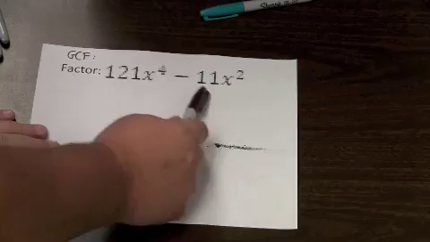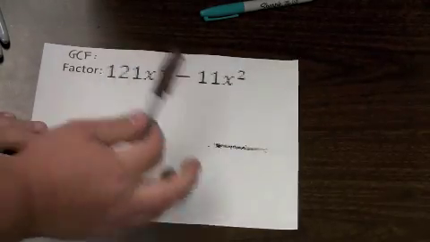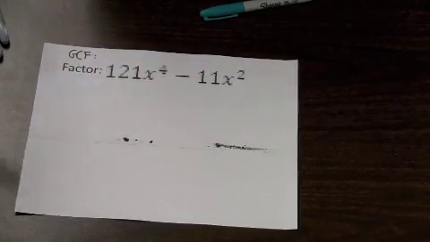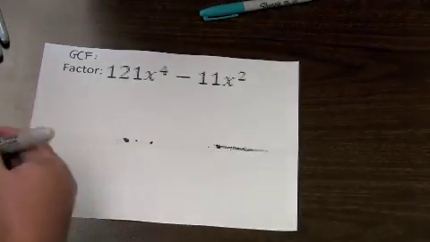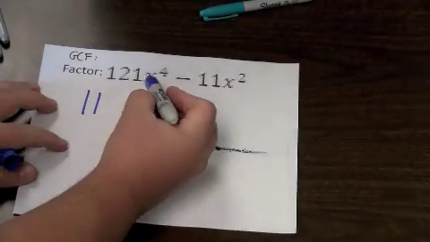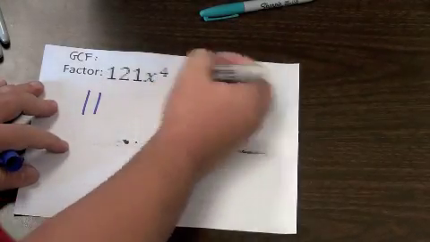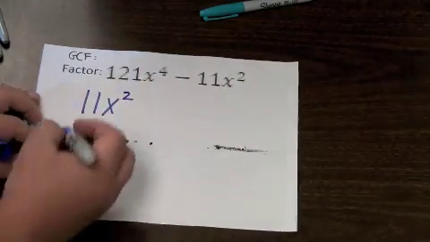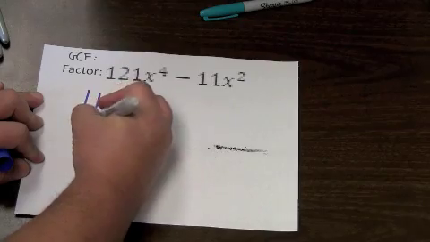If we look at both of these terms, they have two somethings in common. The GCF for 121 and 11 is going to be 11. The GCF of x to the 4th and x squared is going to be x squared. So 11x squared is my GCF.